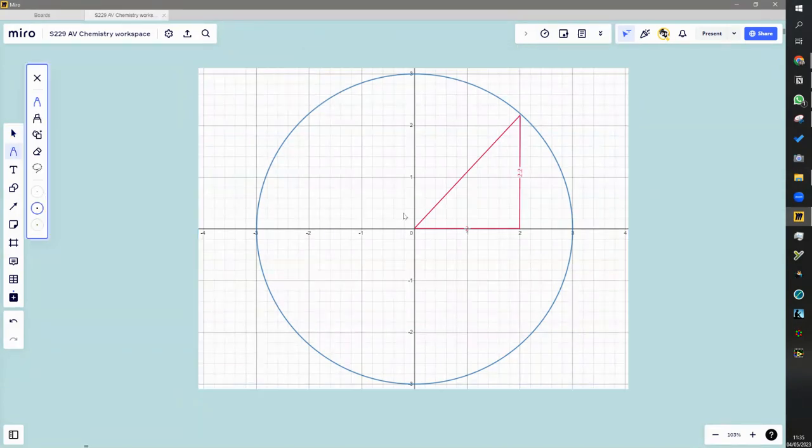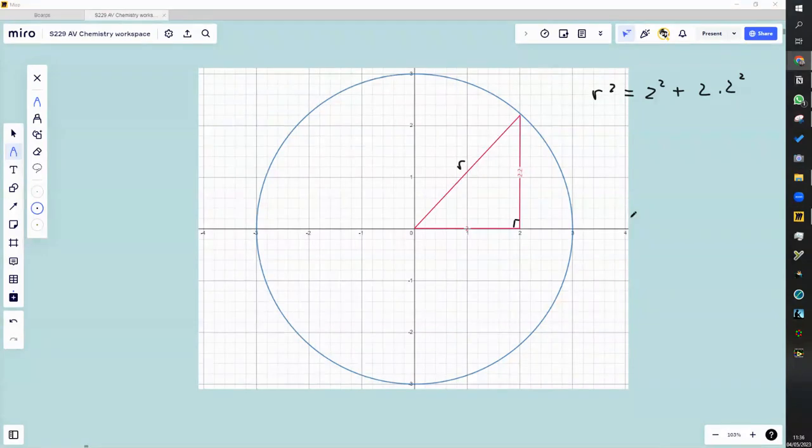We can see that this is a right angle triangle, and the hypotenuse would actually be the radius of the circle. So using Pythagoras, the radius squared is going to be equal to 2 squared plus 2.2 squared.